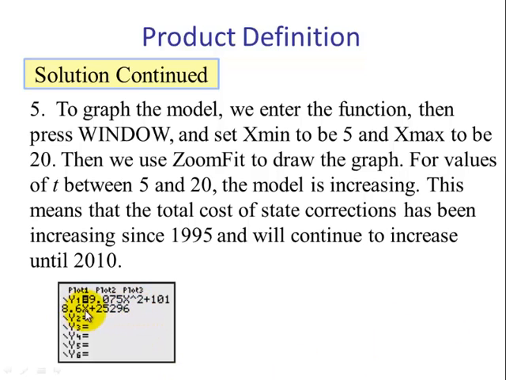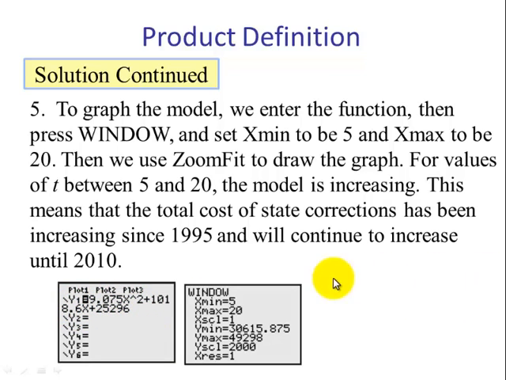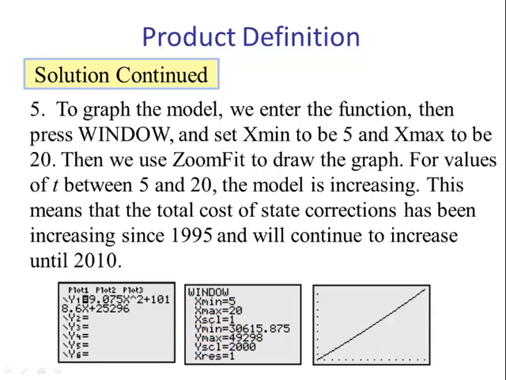So we put the product function in y1, we hit our window, we change the x-min to 5, the x-max to 20, and this relates back to our data set. And then to determine the y values, we hit zoom and zoom fit. This is the product function, and we see that this is an increasing function. Hence, it's been increasing since 1995, since t is equal to 5.